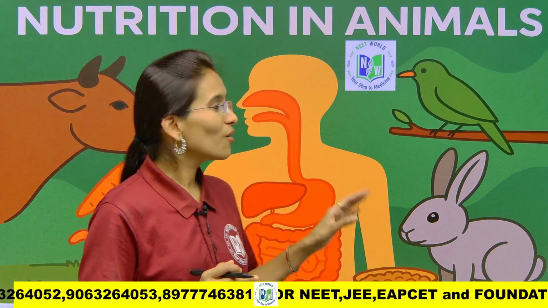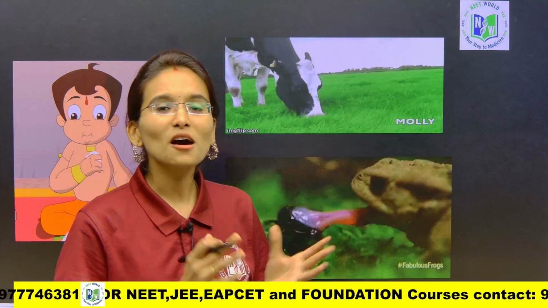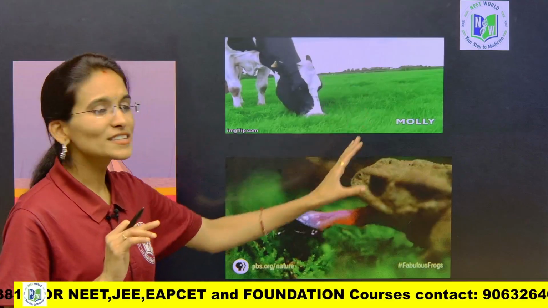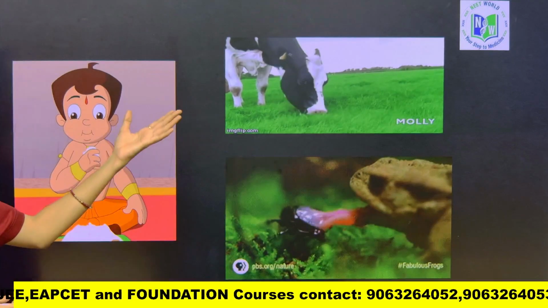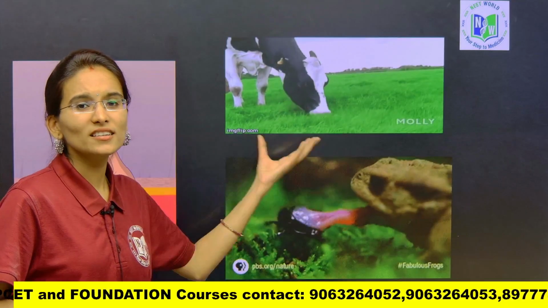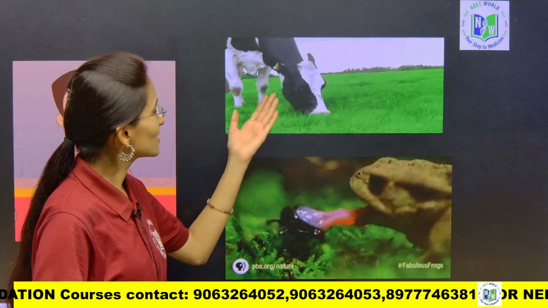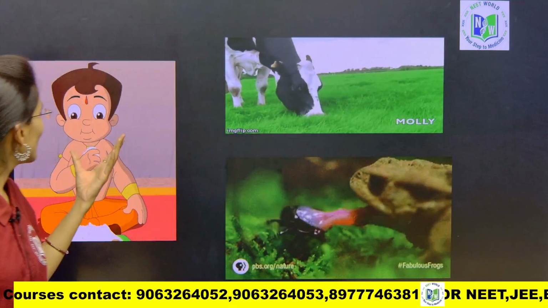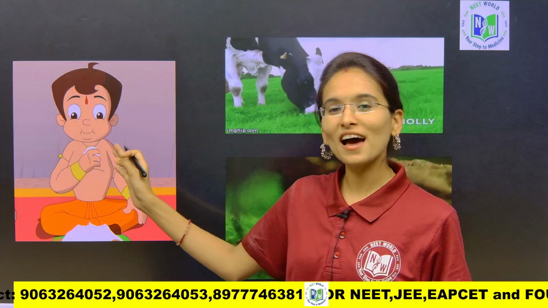So I will just show you one beautiful slide over here. Just observe what all these organisms are doing here, students. If you can see in this particular slide, we can see the cow, the frog, and the most interesting and cutest picture, Chota Bheem, as you all know.